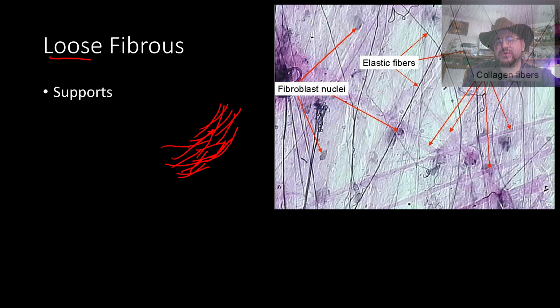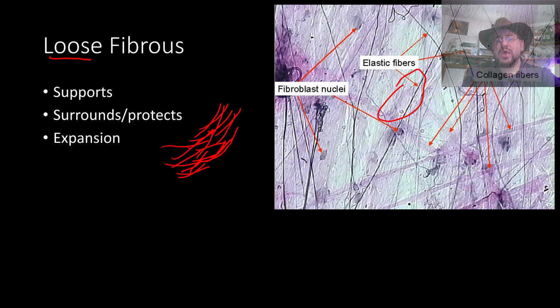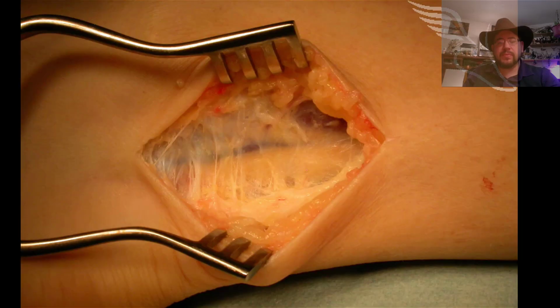And because you have all those elastic fibers as well, you get expansion. So it surrounds and protects structures by making a nice little mesh, and it also allows organs that can expand to expand. So it will help reduce friction during expansion as well.